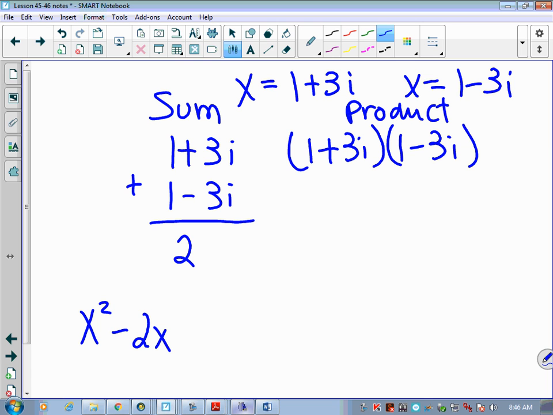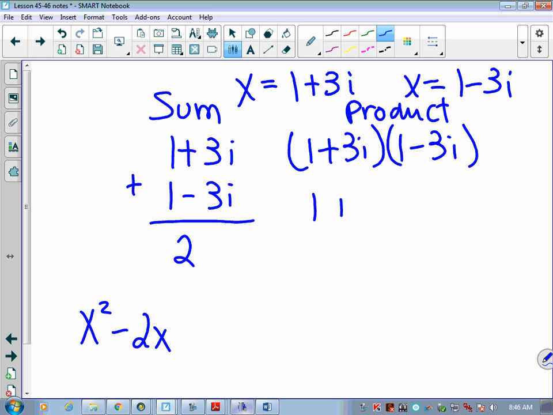So I'm going to do 1 times 1, which is 1. And because it's a sum difference, do I need to do the middle two terms, the inner and outer? No, I just need to do last, which is 3i times negative 3i. Well, what's 3 times negative 3? And what's i times i? i squared is... So what is negative 9 times negative 1?